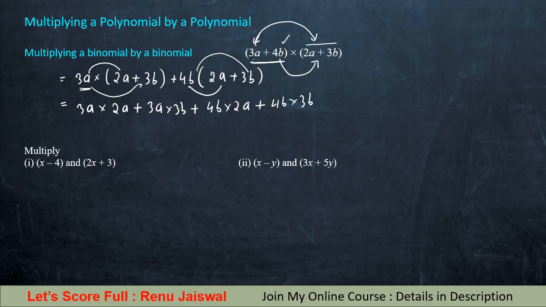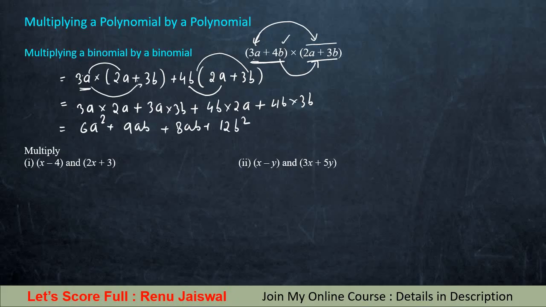What we have done: we have considered the first bracket and distributed it over the second. First term, second bracket; second term, second bracket. If there is another term also, we will follow the same method. So 3 2s are 6a square, 3 3s are 9ab, 4 2s are 8ab and 4 3s are 12b square.